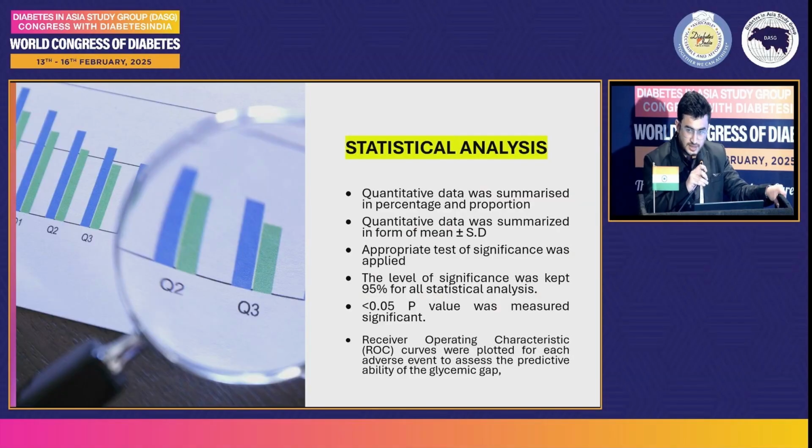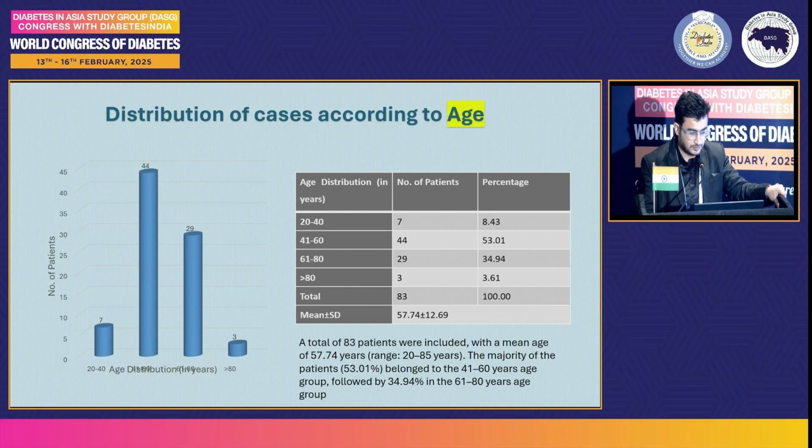For statistical analysis, we made receiver operating characteristic ROC curve for each adverse event and tried to find out the cutoff and the predictive ability of the glycemic gap in predicting the adverse outcome. We saw that among the 83 patients, the mean age was 57.7 years, and the majority of patients, 50% of the cases, were between 41 to 60 years.